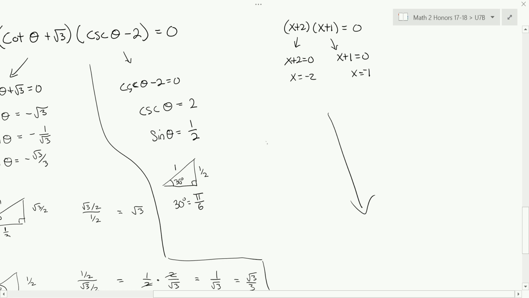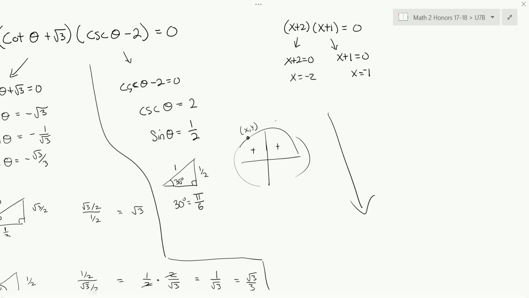And sine is positive in quadrants 1 and 2, because sine is your y value, right? On the unit circle, if you have a coordinate xy, your y value is sine. It's positive in those two quadrants because it's above the x-axis.